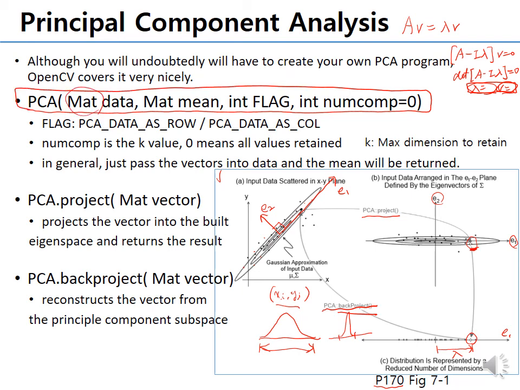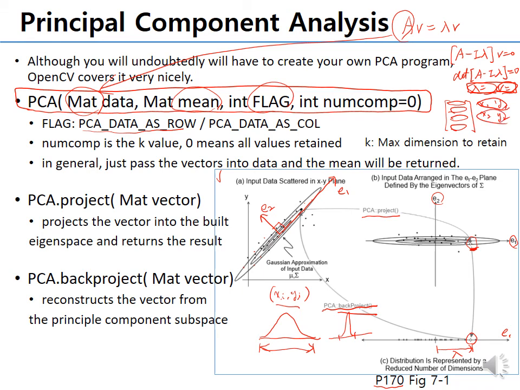Mat data is a vector, and it calculates the mean of this value, and there is a flag, PCA data as row. If each row holds its own data, for example x1 y1 x2 y2, this is data as a row.